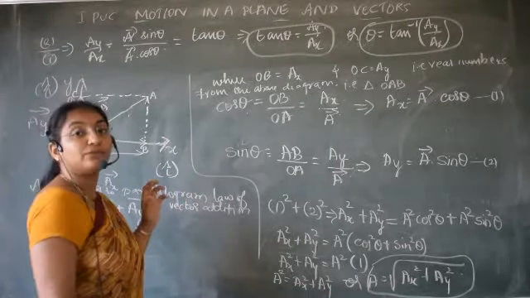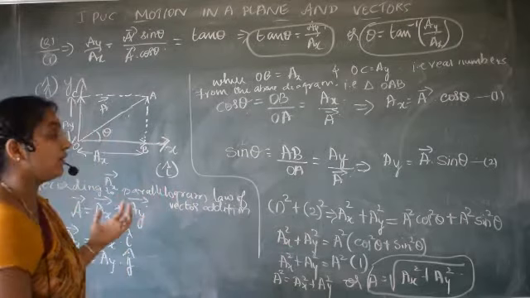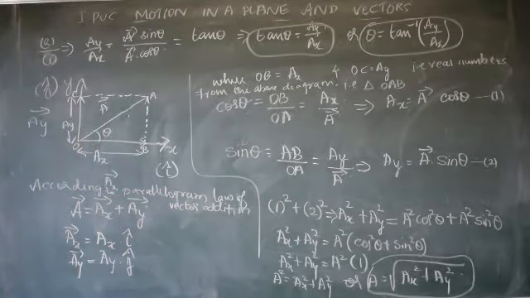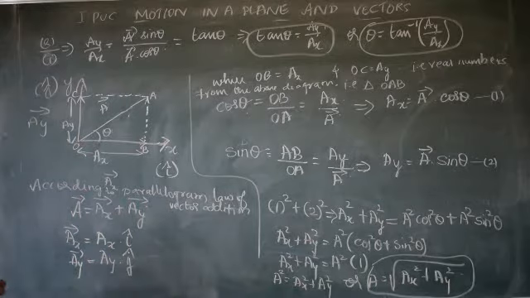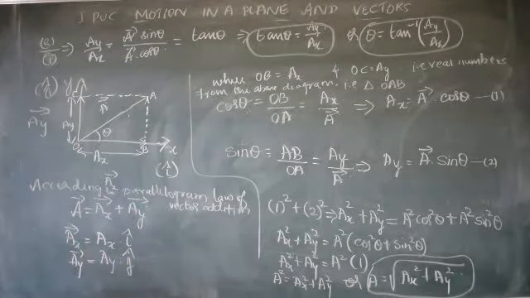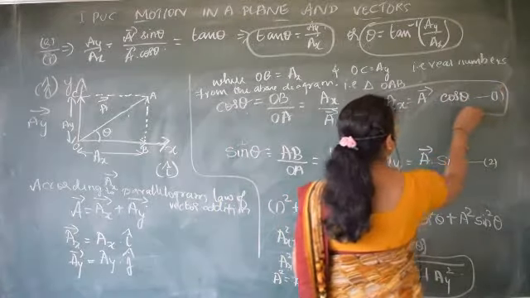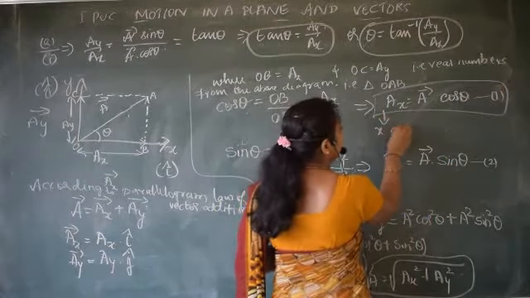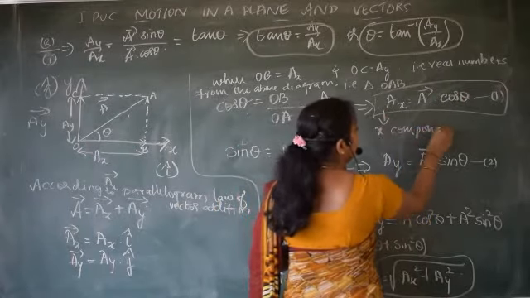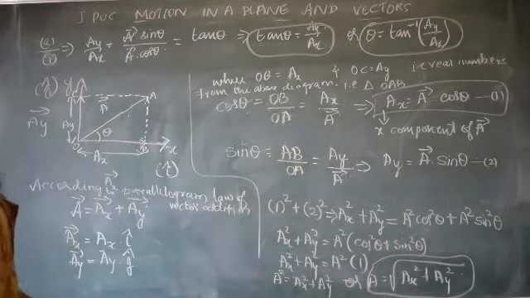The method of resolution of vectors, or the rectangular components of a vector. So what is the x and y component of the vector A? This is called the x component of vector A. Okay, I'll use one more color.